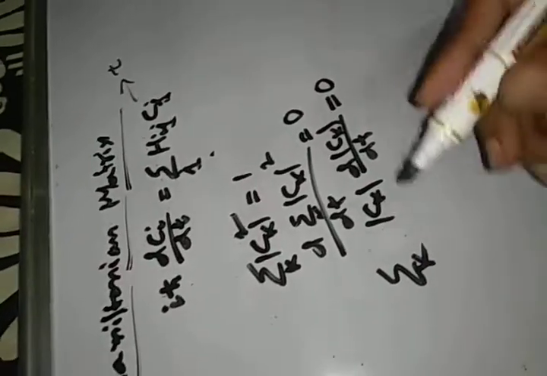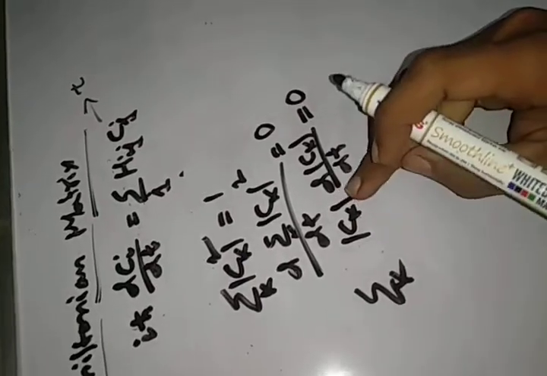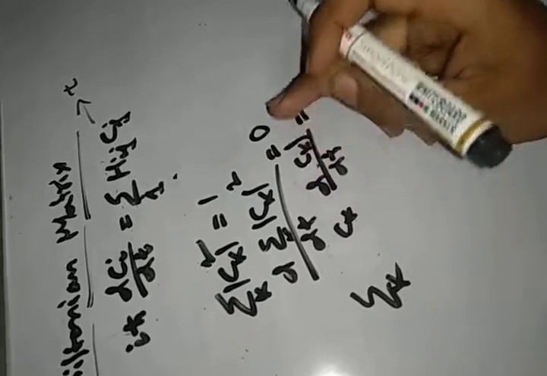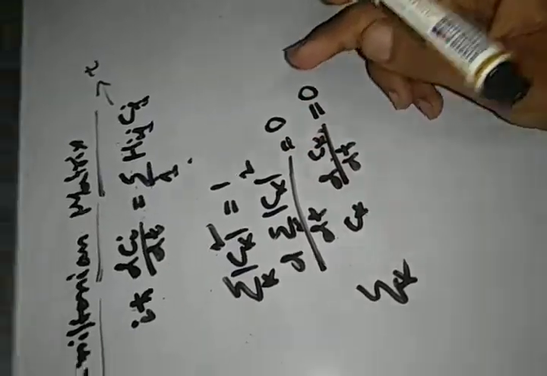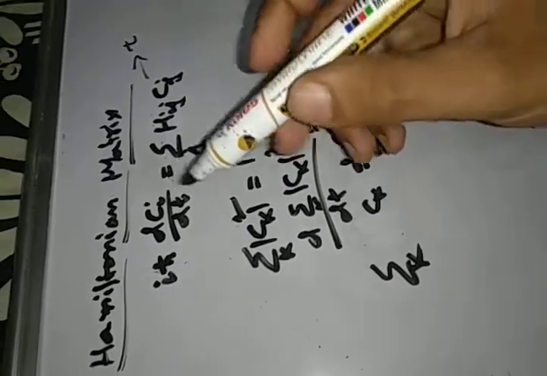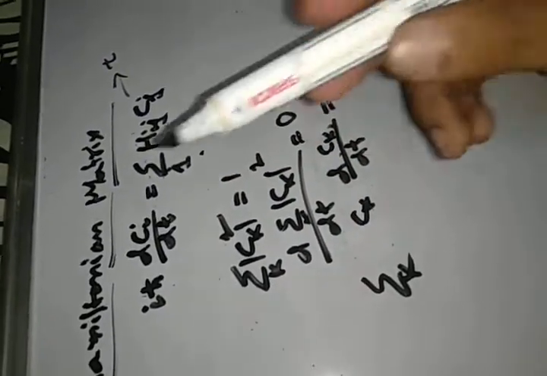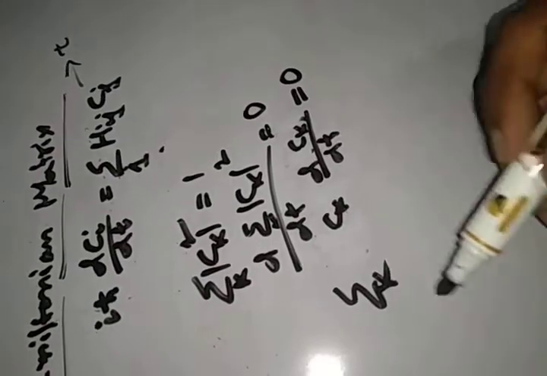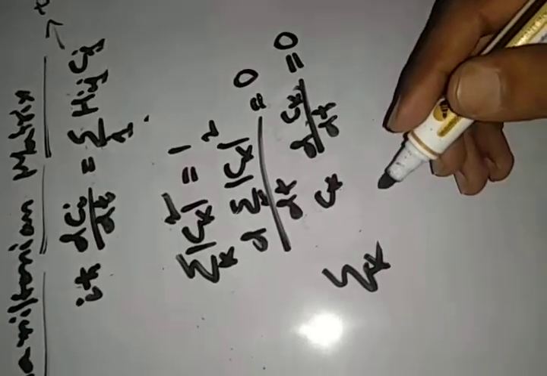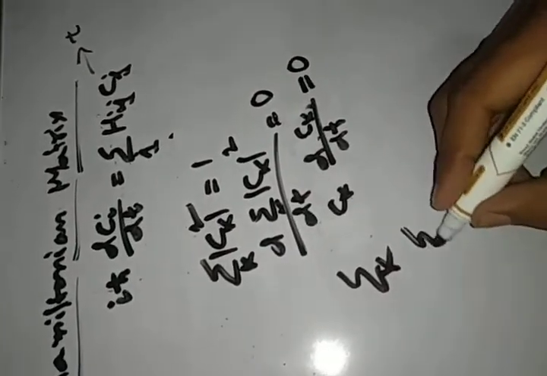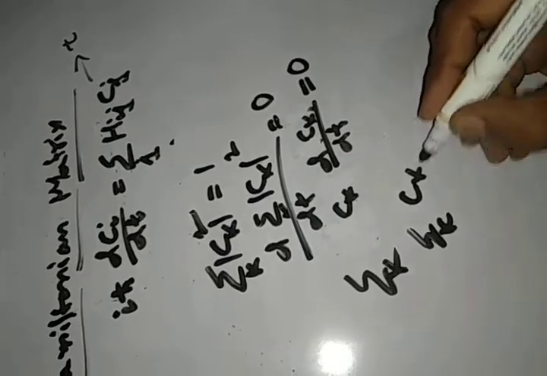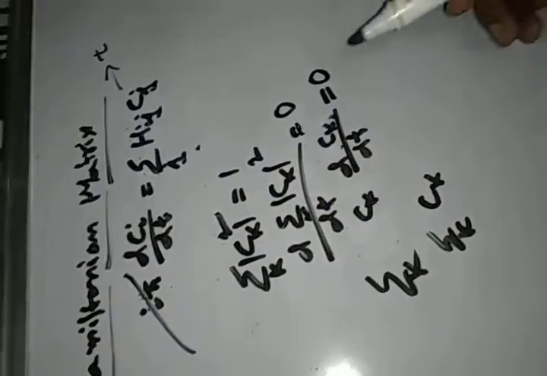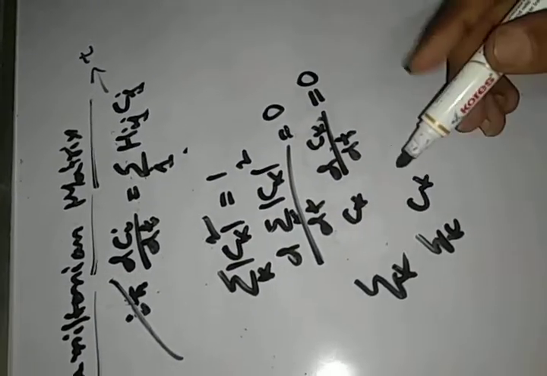We'll assume that ck is real, so we can take these things out. Why have we assumed this? For we have the formula for this here, and here we don't have the amplitudes of the corresponding complex numbers. So summation k ck dck/dt, we will not use these coefficients. This will just lengthen the calculation.